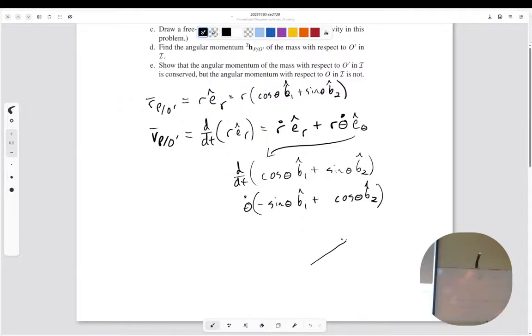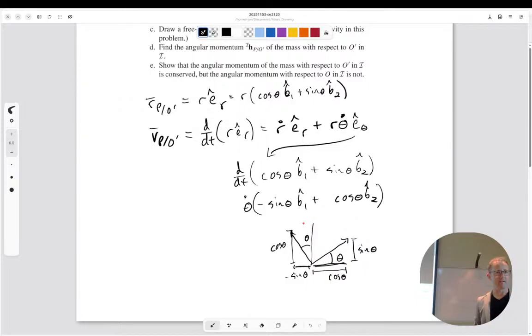All right, so let's do this. So if that's my theta, if I take that sine theta and flip it over here and call it negative sine theta, take this cosine theta, put it up here, really that derivative just rotated it by 90 degrees.